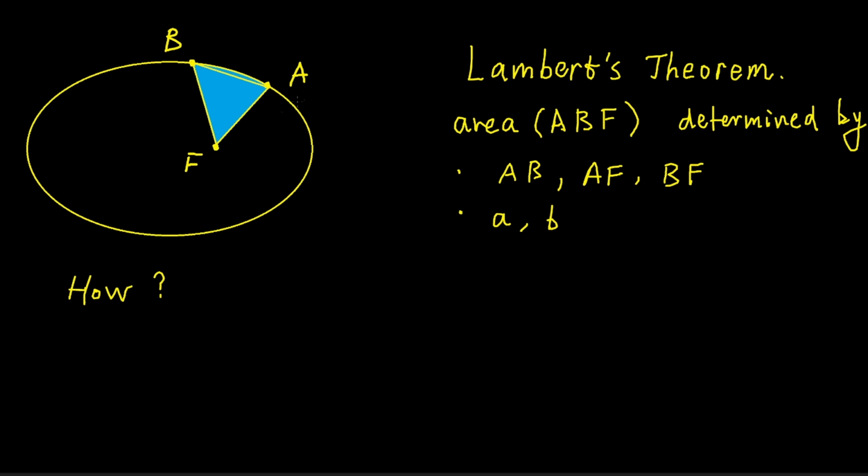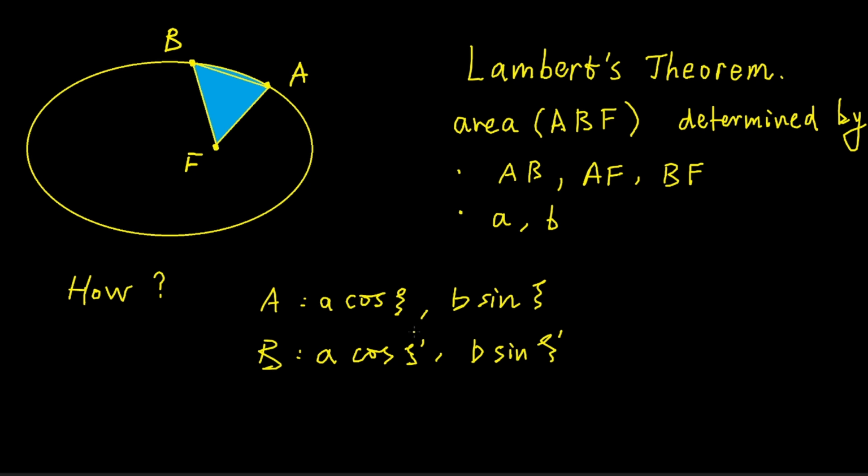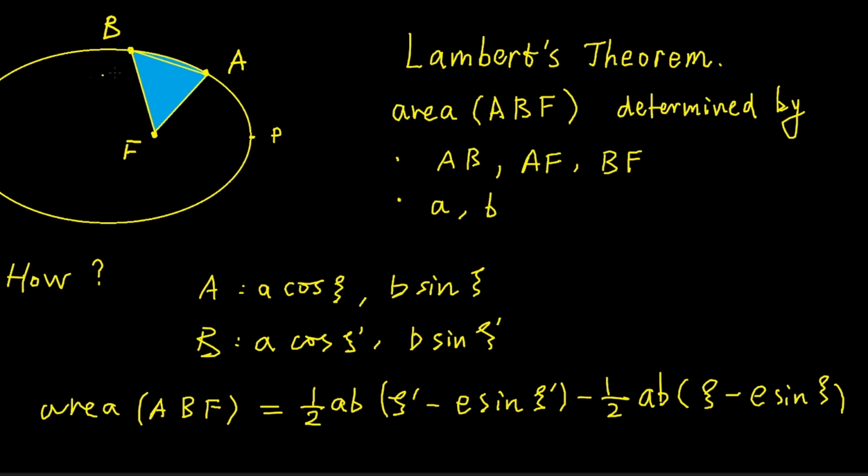Let's start by writing down the coordinates of A and B in terms of their eccentric anomalies. Let xi and xi prime be the eccentric anomalies of A and B respectively. That means A has coordinates a cosine xi, b sine xi, and the coordinates of B are similarly given. We can write the area ABF as the difference between the area PBF, where P is the perihelion, and the area PAF.